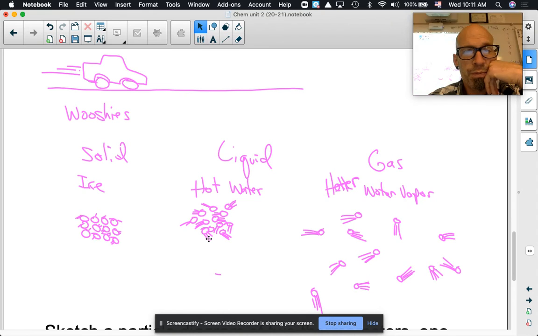So again, how many whooshies or lines of motion you draw is going to depend on how hot the stuff is. Because I've got a cold sample of solid and a hot sample of liquid and an even hotter sample of gas, that's just the progression that I chose. That's not to say that all gases are hotter than all liquids, because obviously they aren't.